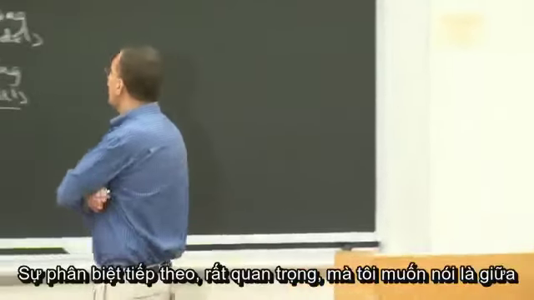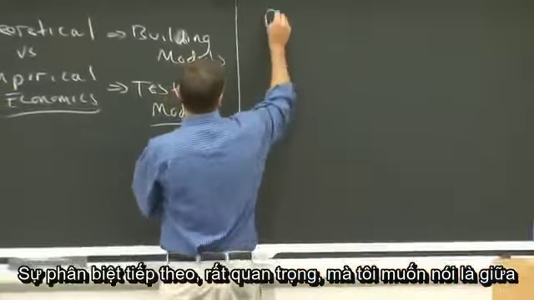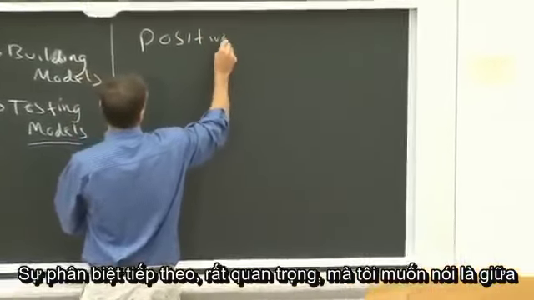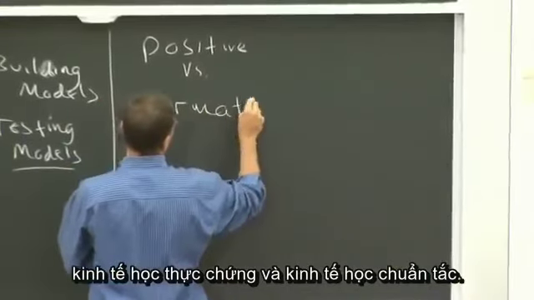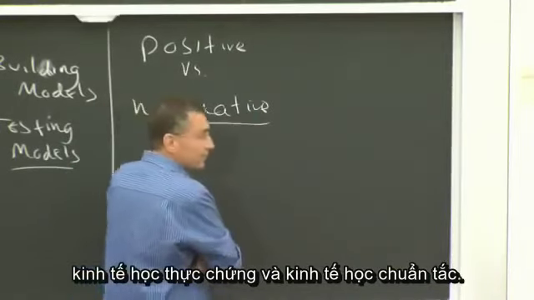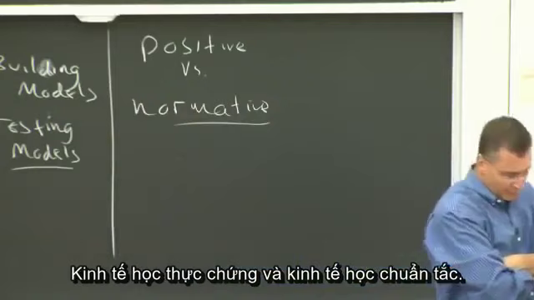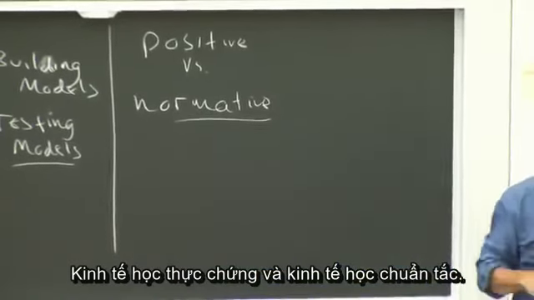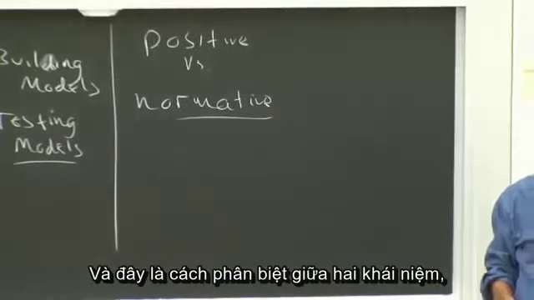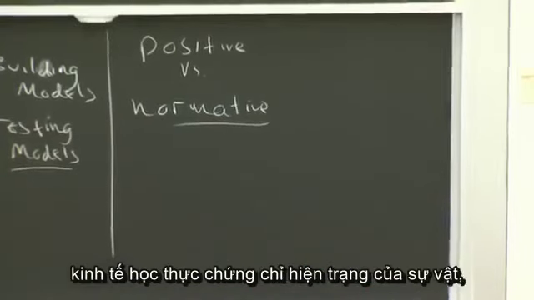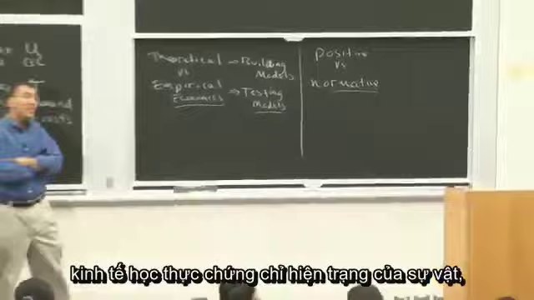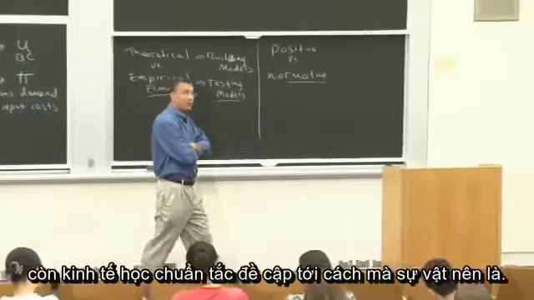Okay? The other distinction that's very important is positive versus normative economics. And this is the distinction between the way things are, which is positive economics, and the way things should be, which is normative economics.